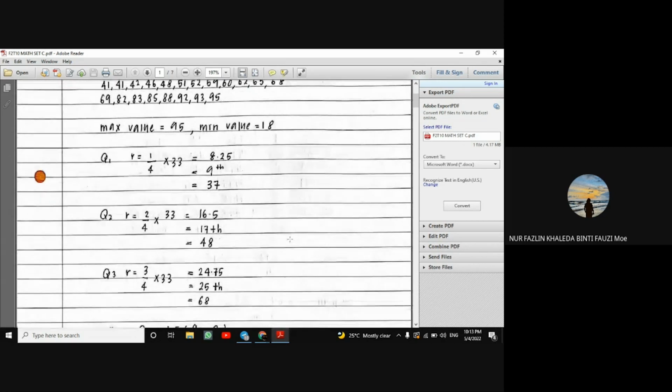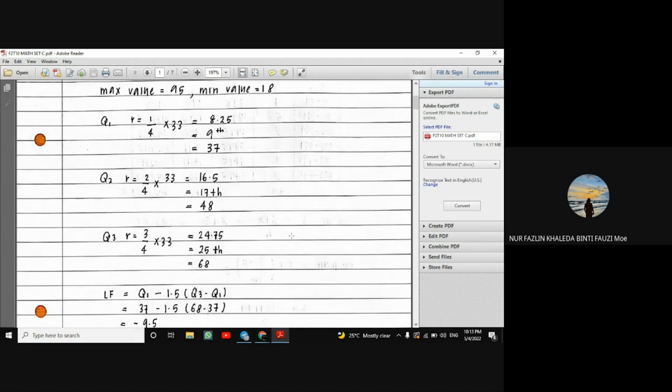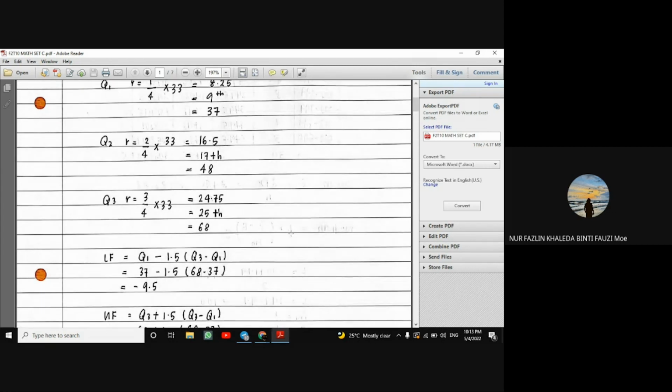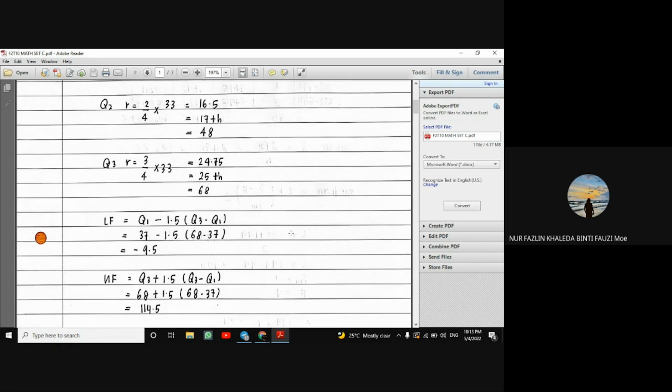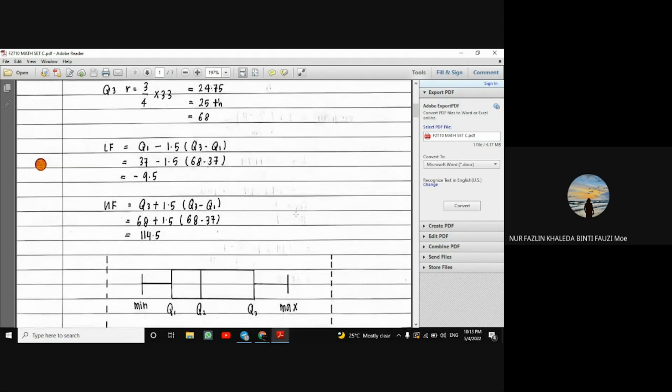We just need to substitute the values of the first quartile and third quartile into the formulas. At last, we get the upper inner fence and lower inner fence answers. Now we can draw the box and whisker diagram. After that, we construct the box and whisker plot and determine the presence of outliers.